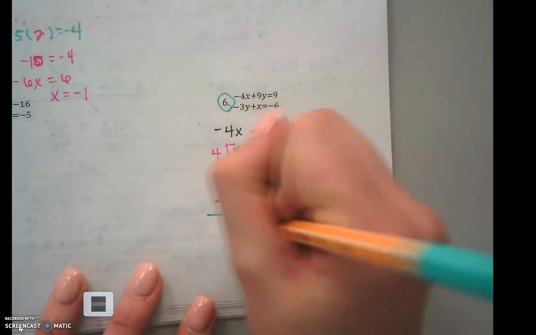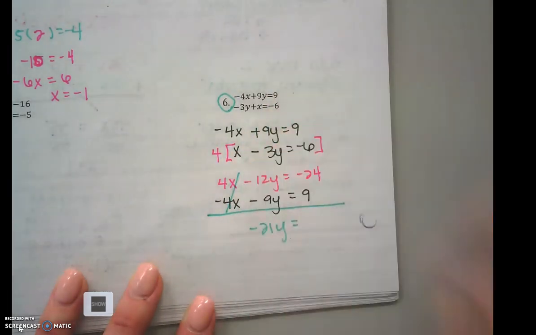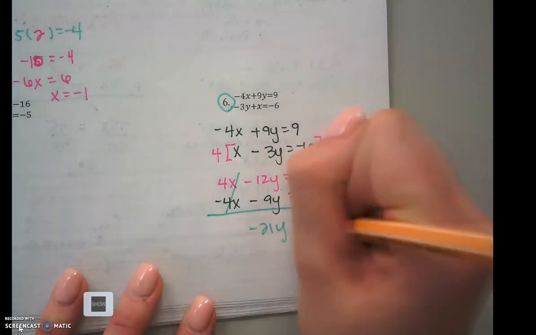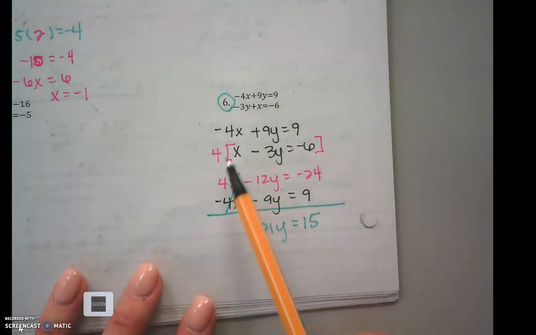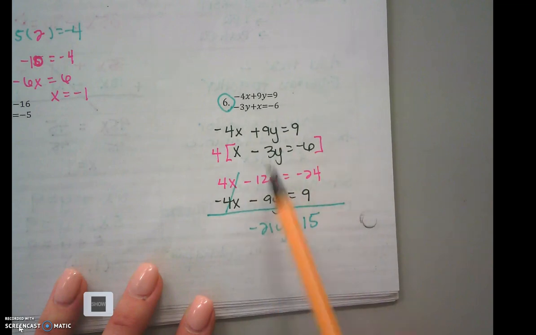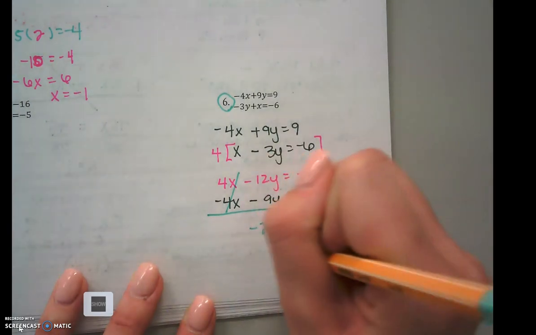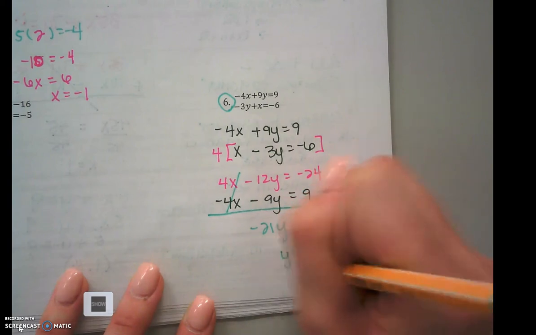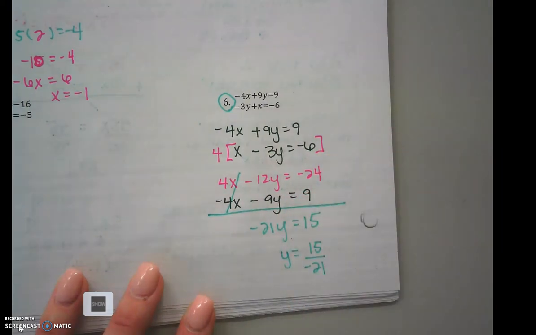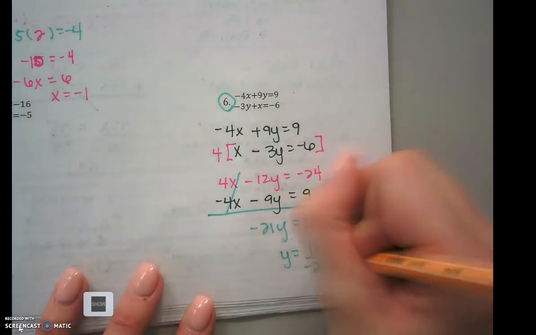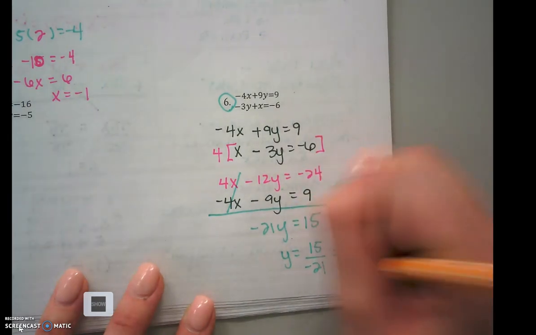Negative 21y is equal to 15. Let's see if I did all my math right. 4, 12, negative 24, 21, 15. Okay. So when we go to divide, I'm going to get y equals 15 over a negative 21. Can that be simplified? I sure hope so. It can be simplified to 5 over a negative 7.